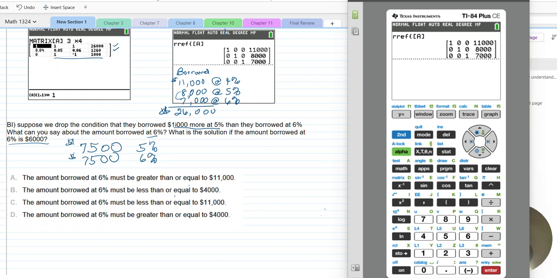Would that be viable? Would we have a solution? Or would we have something affect what is happening with the rest? So I would say that would happen.